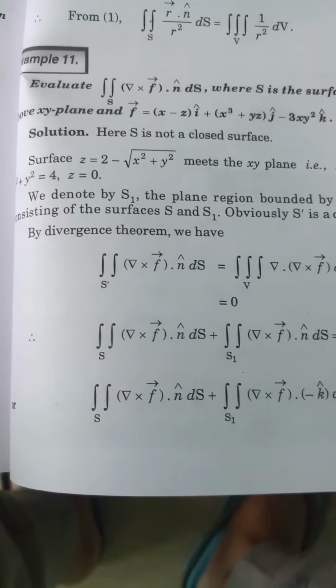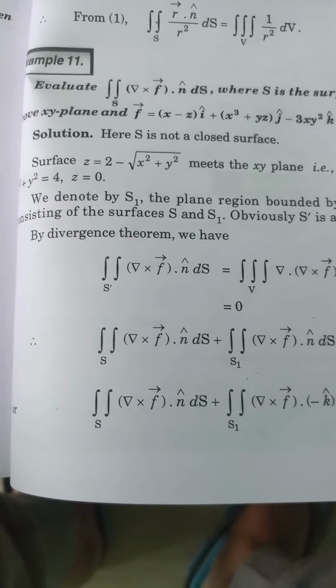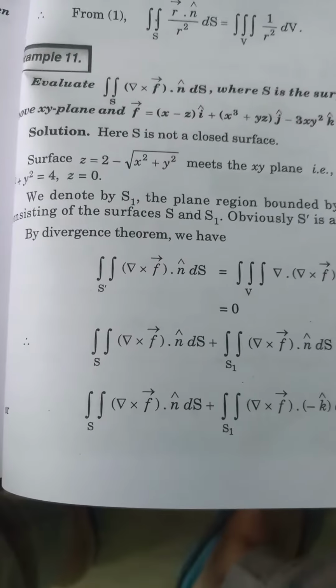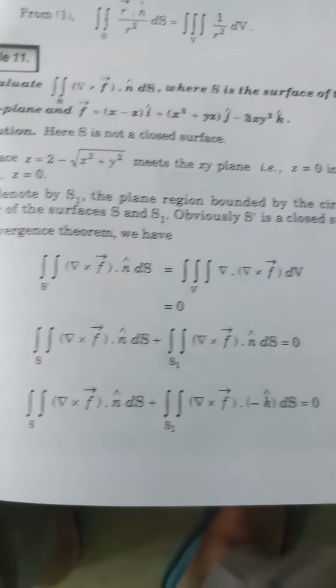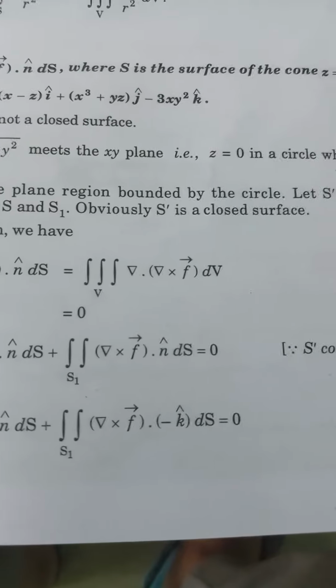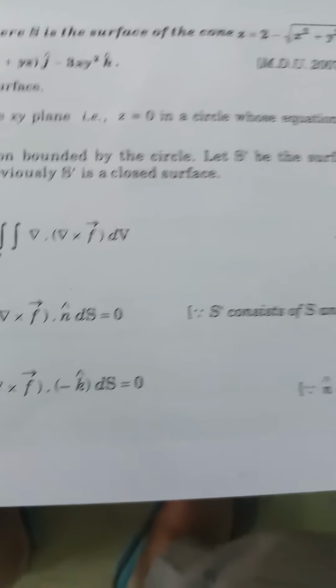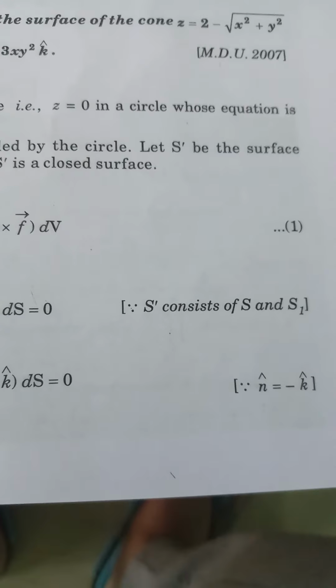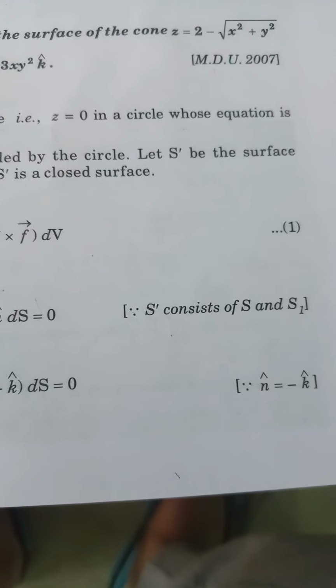Therefore the double integral over S of curl f dot n ds plus the double integral over S1 of curl f dot n ds equals 0, because S dash consists of surface S and S1.